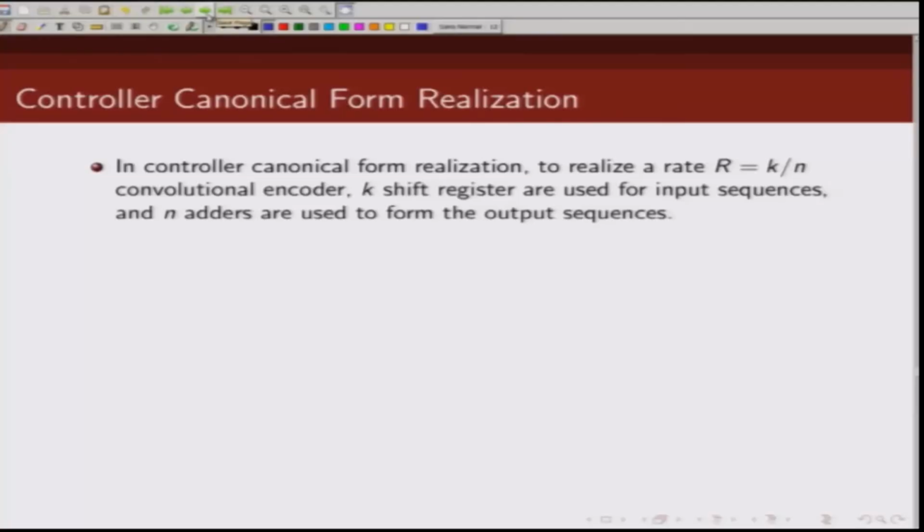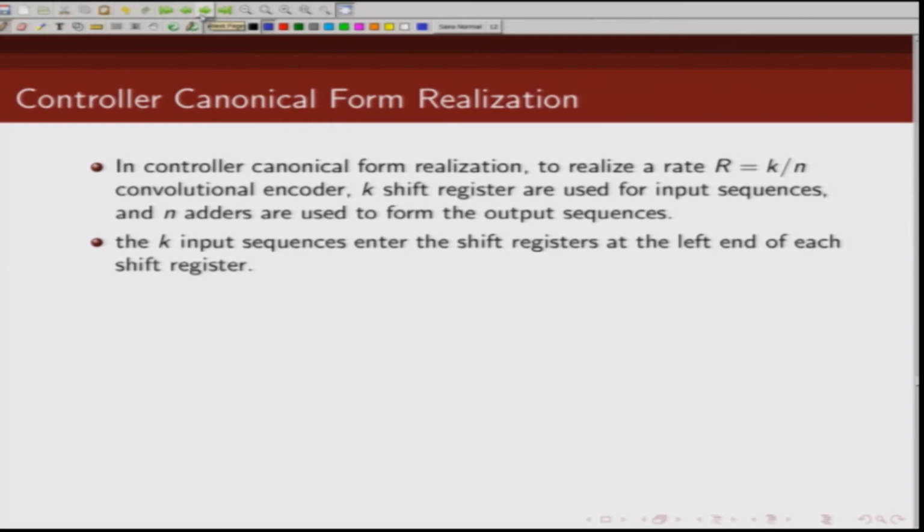In a controller canonical form realization, if you have a rate k by n convolutional encoder, we use k shift registers. So, the number of shift registers used is equal to the number of information sequences that you have, and the output is obtained by using n sets of adders, one for each output sequence.